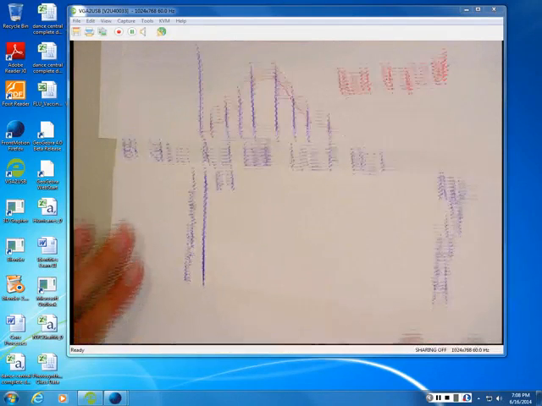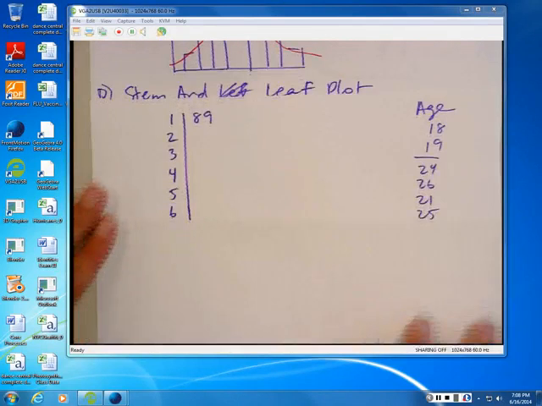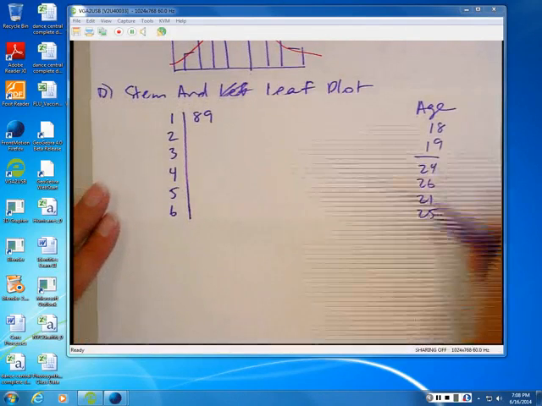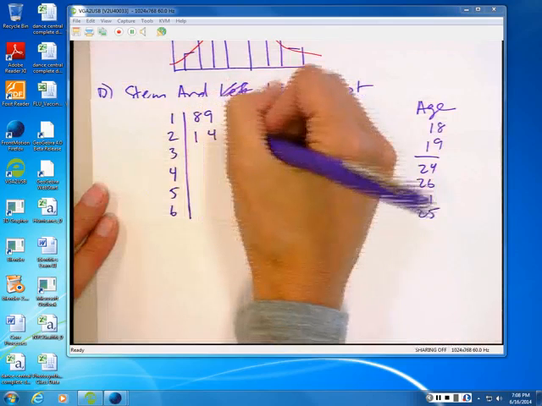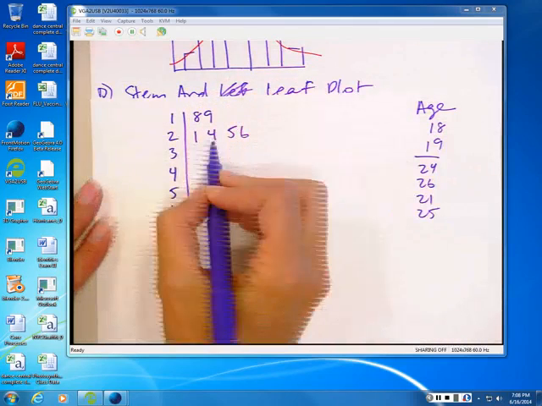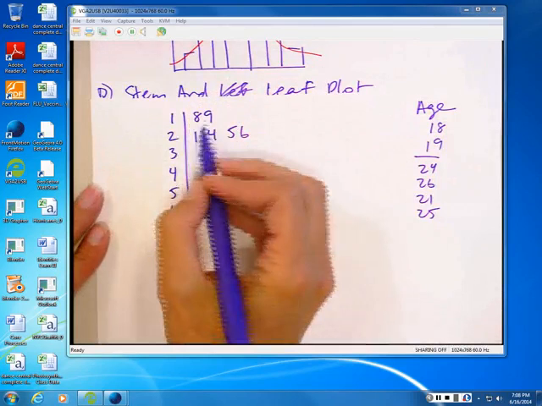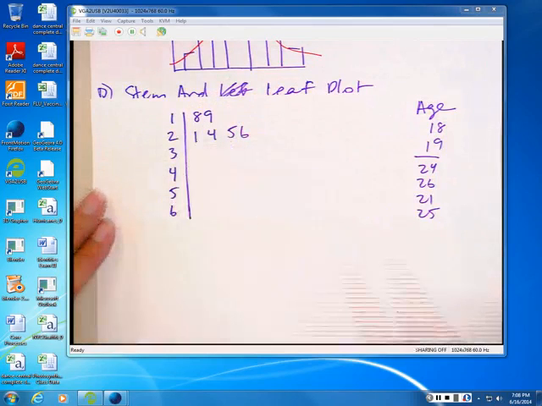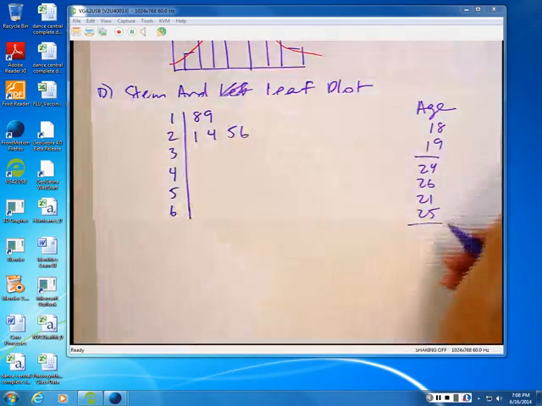I'm going to put these into my stem and leaf plot in order. So 1, 4, 5, 6. Notice how I lined it up with the 1 and the 9. So I can see that I've got twice as many people in their 20s as in their teens, just at a glance.